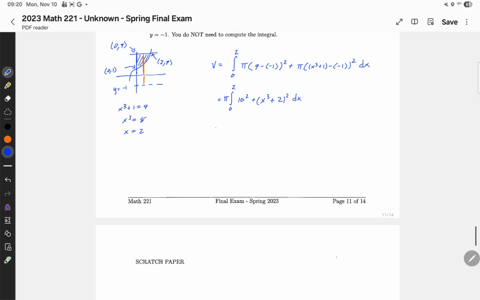And so this is just going to be equal to pi times the integral from 0 to 2 of, we'll just expand this, 100 plus x to the 6th plus 4x cubed plus 4 dx, which is equal to pi times the integral from 0 to 2 of x to the 6th plus 4x cubed plus 104. That is not a 4. 104 dx. And that is our final answer.